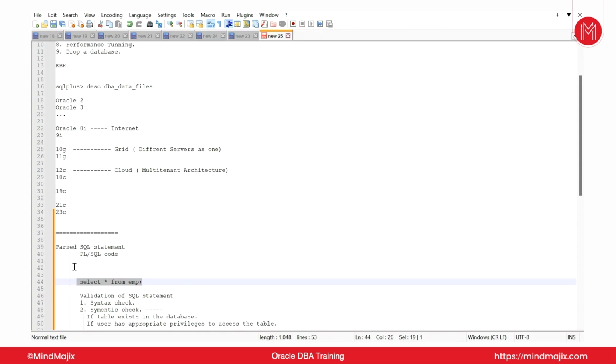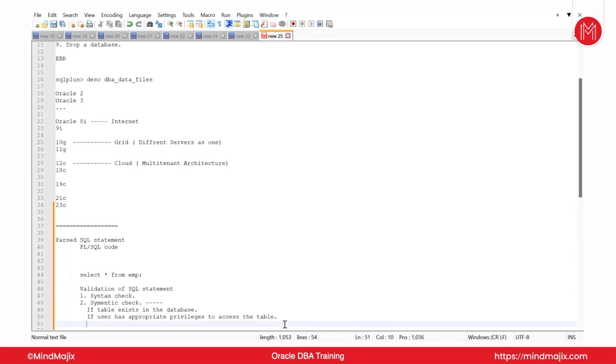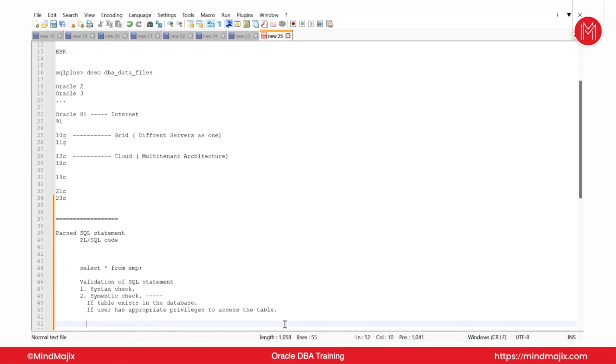So when we say a parsed SQL statement, suppose in your session you have already executed this statement today morning at 10 o'clock, and again at 11 o'clock you are executing this statement. You need not parse this statement again.